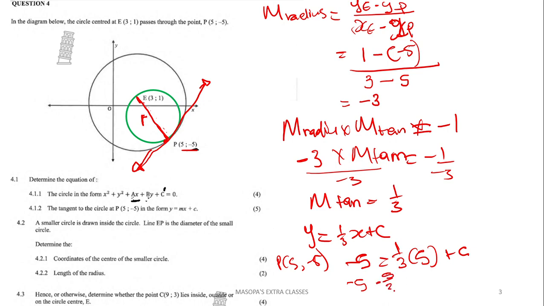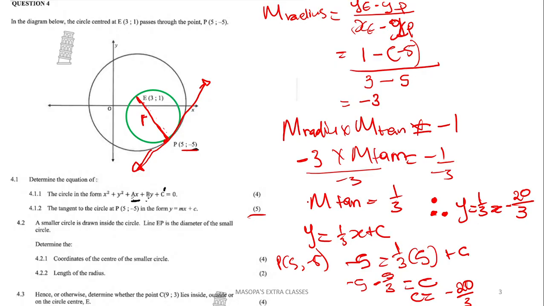When we transpose 1 over 3 multiplied by 5, that is equal to the c value, for which your c value will be equal to negative 20 over 3. Now therefore your equation of the tangent will be y = 1/3 x minus 20 over 3. Then you get your 5 marks there.